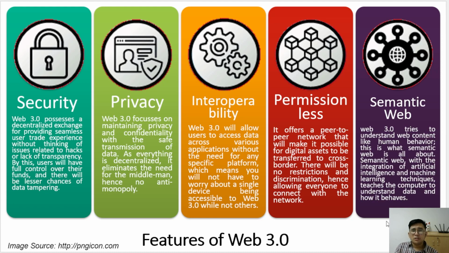It's about the integration of artificial intelligence and machine learning techniques to teach the computer to understand the data, and also how it should behave. So not only do we need increased security, for the technology to provide a seamless user experience without thinking of related issues, we also think about privacy.